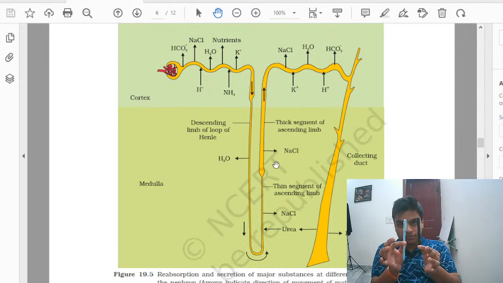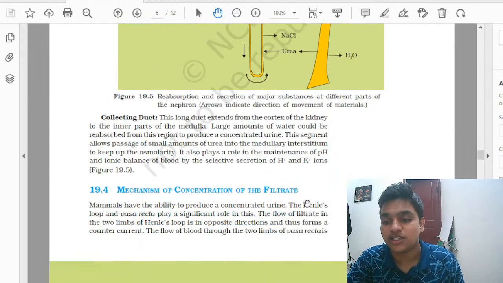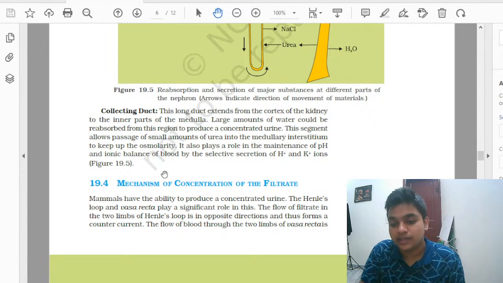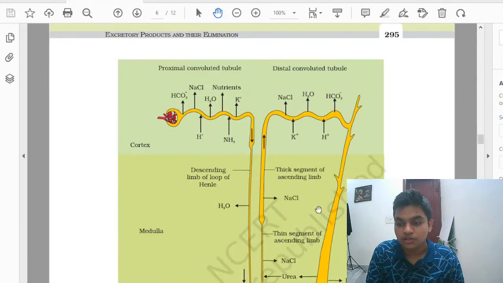So what do you call it? They are in counter current direction, and this counter current direction in your Henle's loop helps in regulating the concentration of the urine produced.